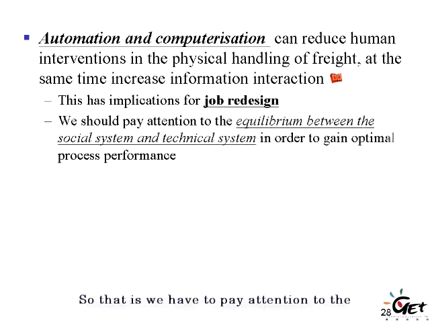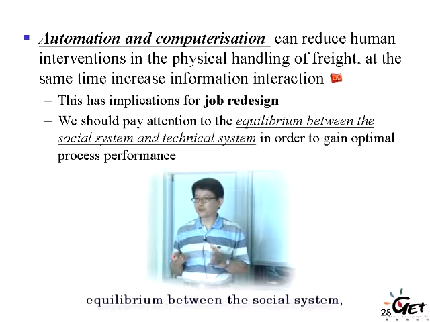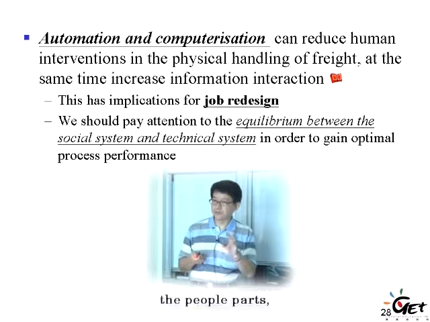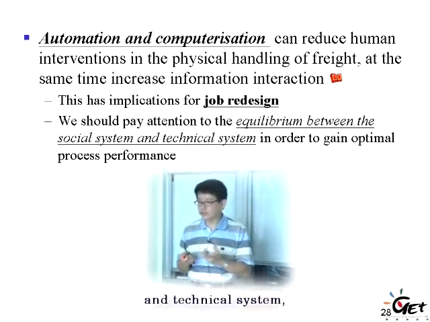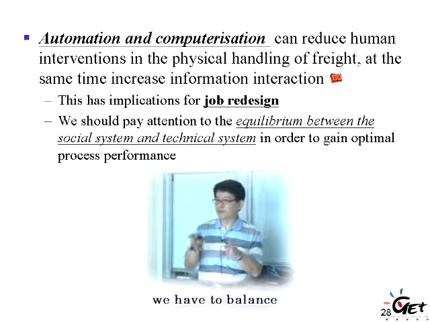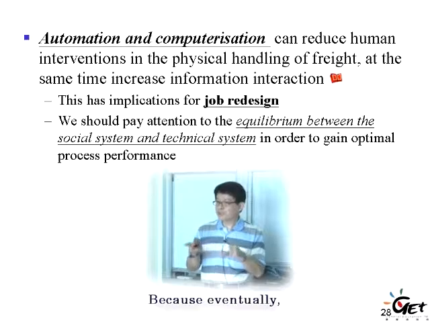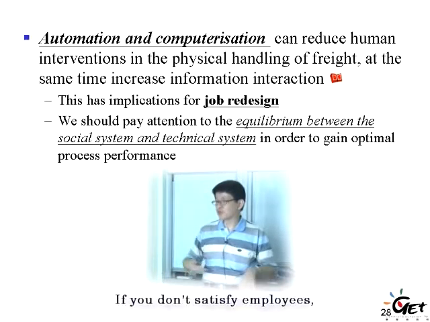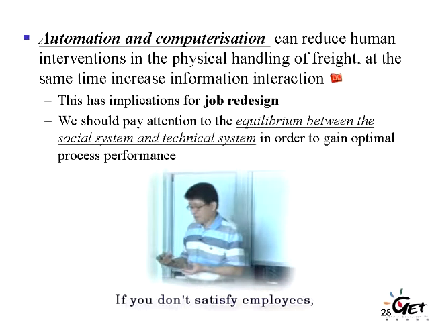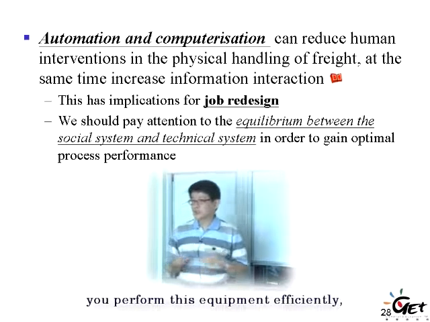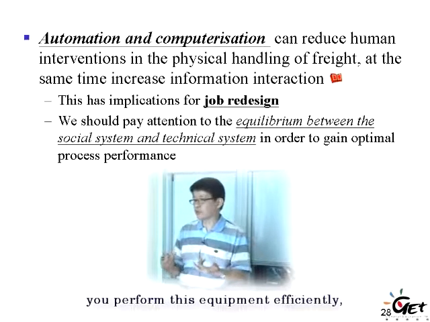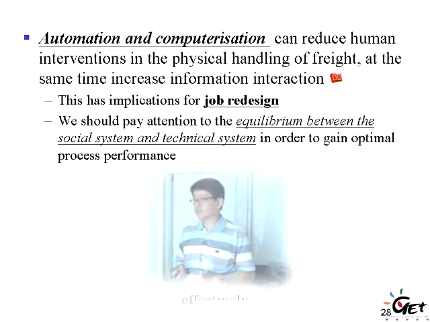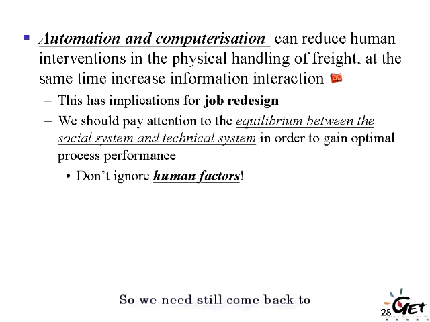So we have to pay attention to the equilibrium between the social system, the people part, and the technical system. We have to balance, because eventually the technical system still needs to be operated by people. If you don't have satisfied employees, how can you operate this equipment efficiently and effectively? So we still need to come back to human factor considerations.